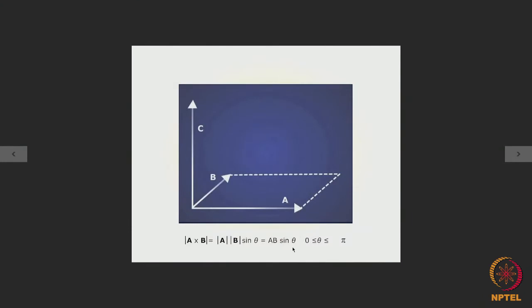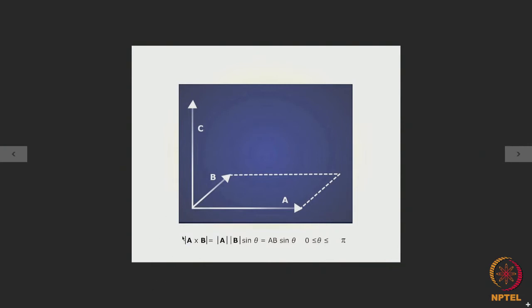On the other hand, there is another product between two vectors. Say for example, this is vector A, this is vector B, and suppose theta is the angle between the two. Then A cross B is a particular type of product of these two vectors, and this is equal to a third vector C lying perpendicular to the plane contained by A and B, and its direction can be found out from the right handed screw rule.